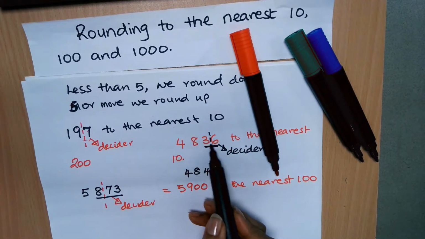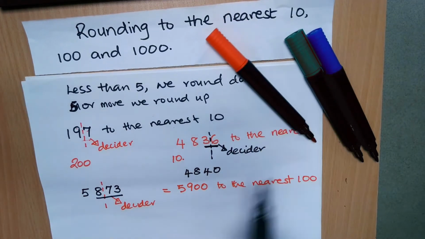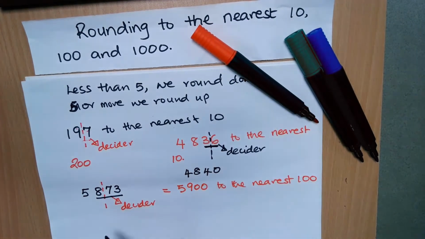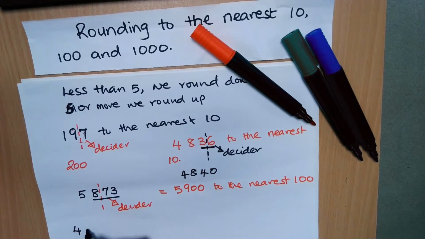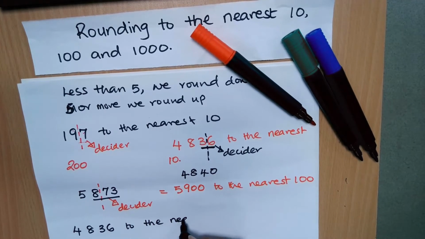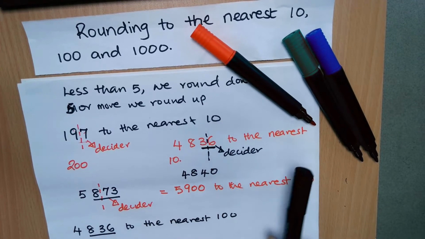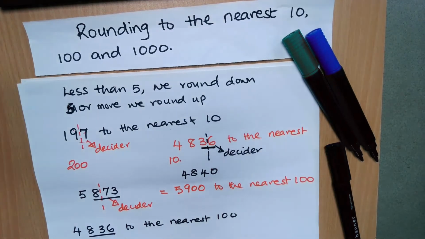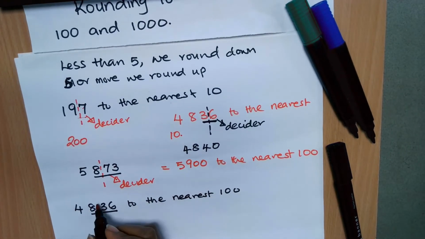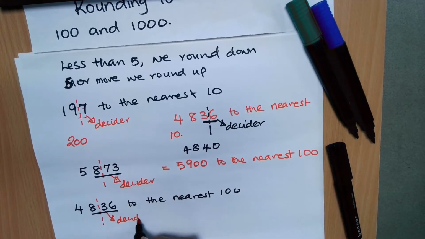Let's take another example. We can do this to the nearest 100. So if we've got 4836 to the nearest 100, we're looking at 836. So what we're going to do now is to put our dotted line in between 8 and 3. 3 becomes the decider.